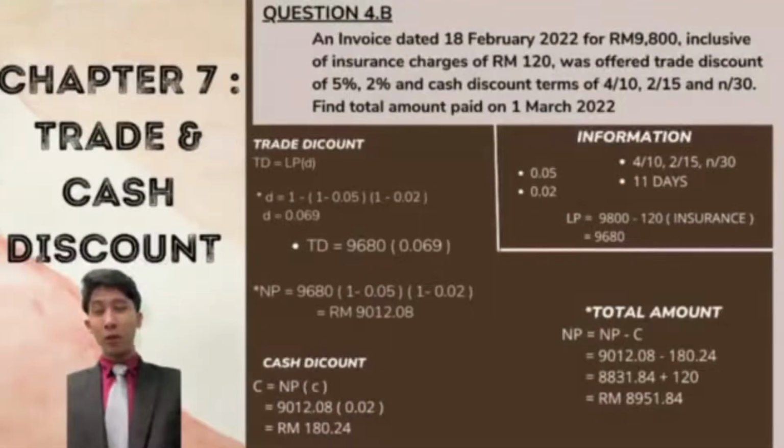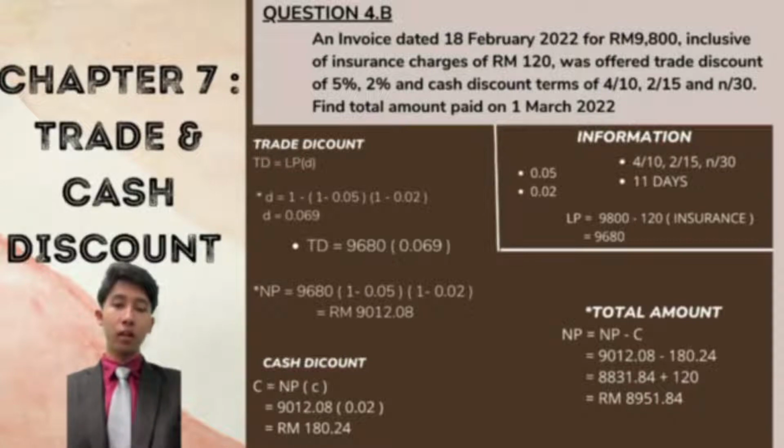Based on question 4B, the information given is the list price, which is 9,800 ringgit, including the insurance, which is 120 ringgit. For trade discount, we have 5% and 2%. And lastly, cash discount terms of 4/10, 2/15, and N/30. The trade discount will be 0.05 and 0.02, while the list price will be 9,680 ringgit after being deducted from the amount of insurance.